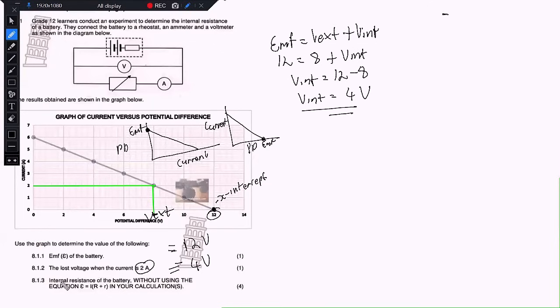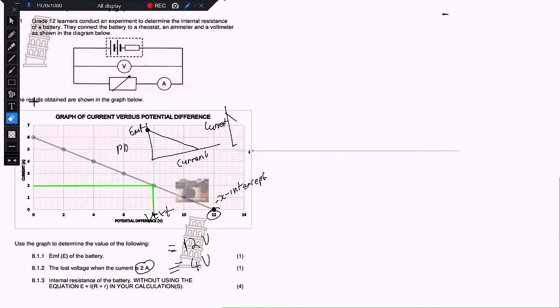Okay, 8.1.3 says: the internal resistance of the battery without using the equation E is equal to I bracket R plus r in your calculation. So if you are not supposed to use that, you must make use of the gradient, right? Now you will remember that I said if you have the one that we are used to, potential difference versus current, then our gradient always represents the resistance, negative r, right?